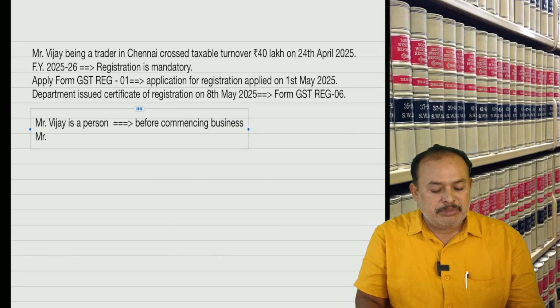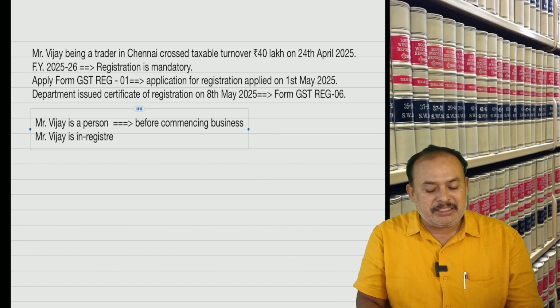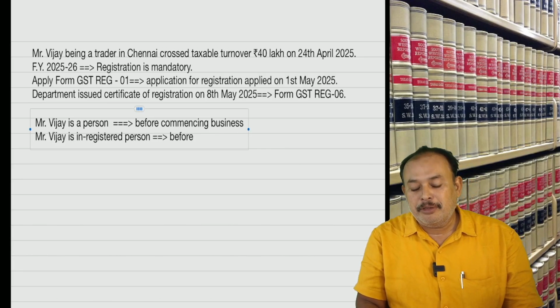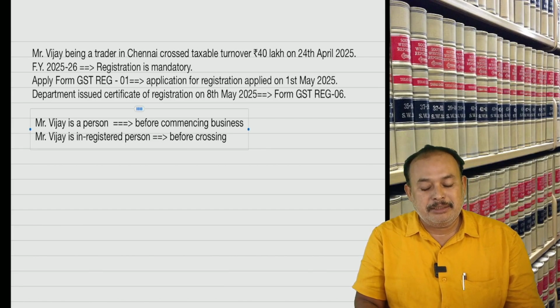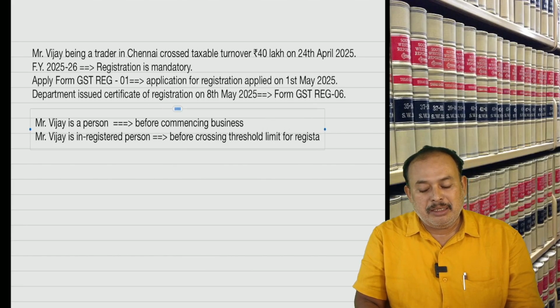Then Mr. Vijay is an unregistered person, before crossing the threshold limit for registration.